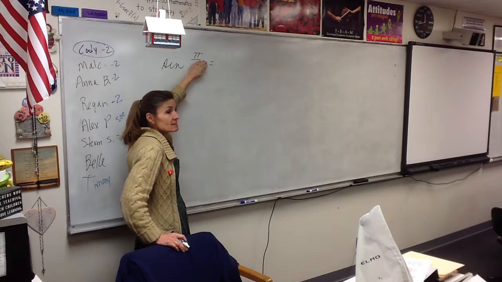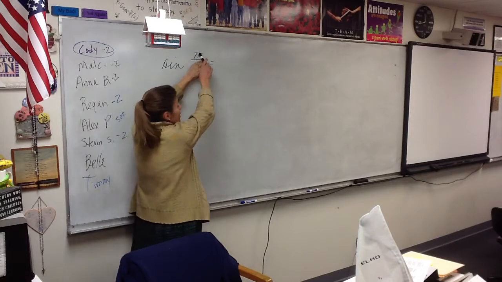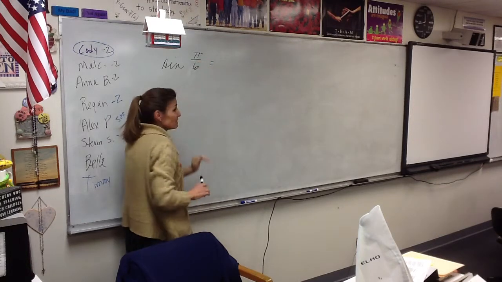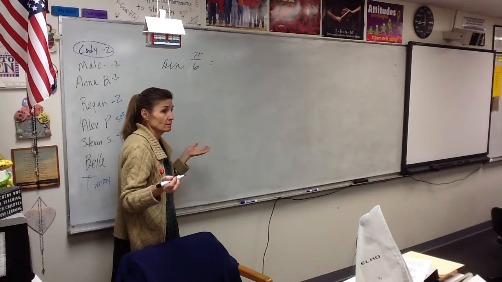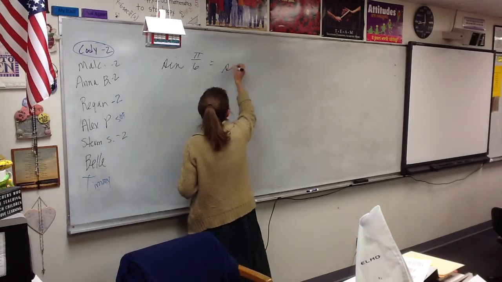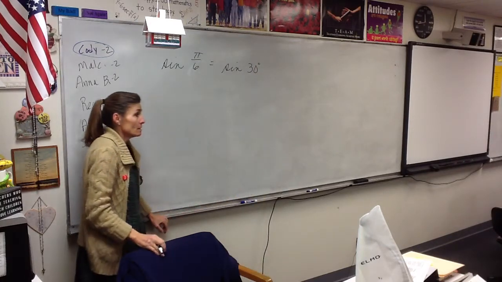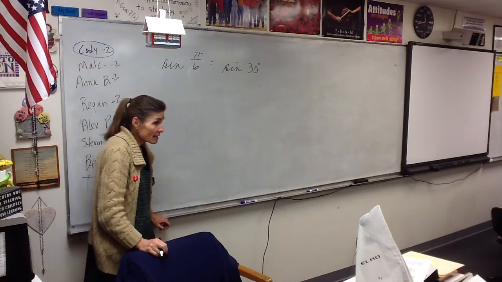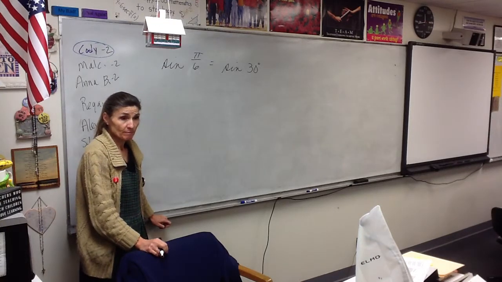Pi radians is the same as 180 degrees. So this is 180 divided by 6. What is that? 30. So this is really the sine of 30 degrees. So we are going to find, without a calculator, the sine of 30 degrees.